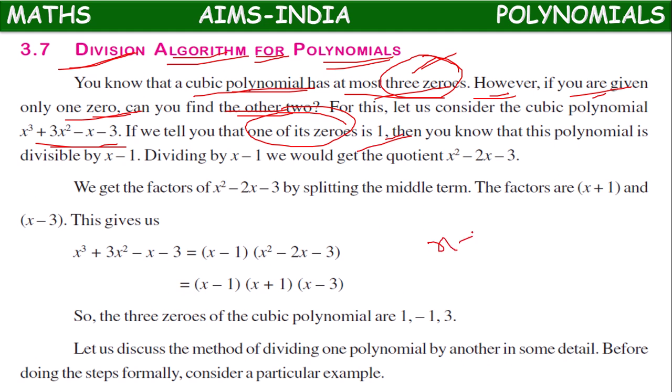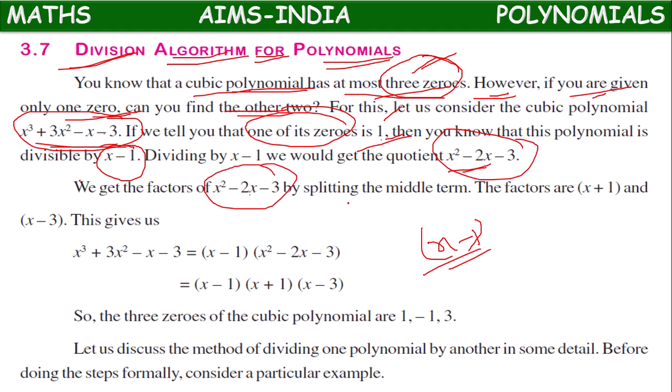Then x minus 1 is a factor of the given polynomial because p of 1 is 0. Then by dividing this cubic polynomial by x minus 1, we will get a quotient, which is a quadratic polynomial. By splitting the middle term of this quadratic polynomial, we will get two more factors, which means we can find two more zeros.